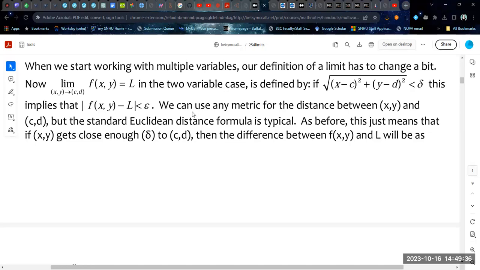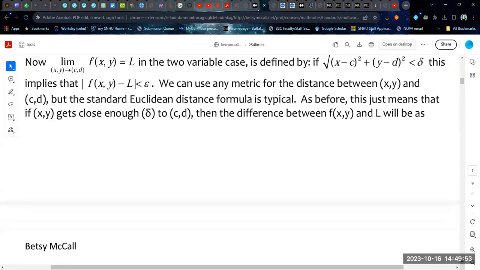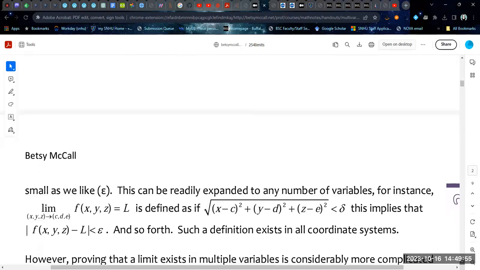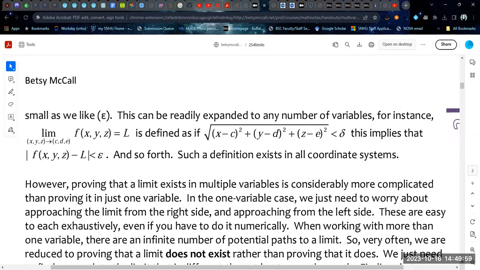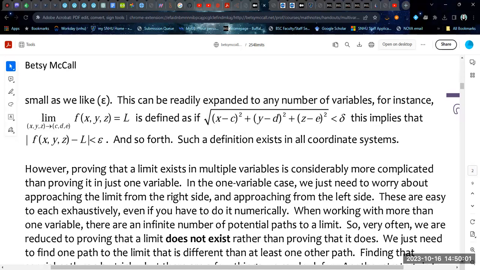And of course, you can extend this to 3 dimensions. If you have a function of x, y, z, then you would have 3 things under your square root, again, Euclidean distance, to calculate this in the multivariable setting. But again, the idea is basically the same. Here's the 3-dimensional case. But again, you're within a circle or within a sphere around the point that you're targeting.